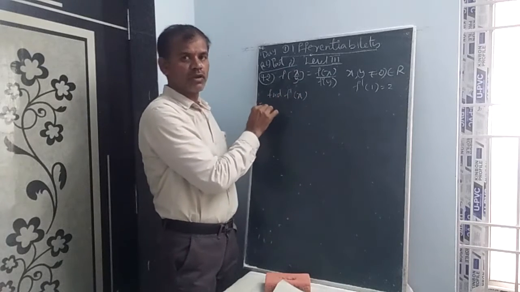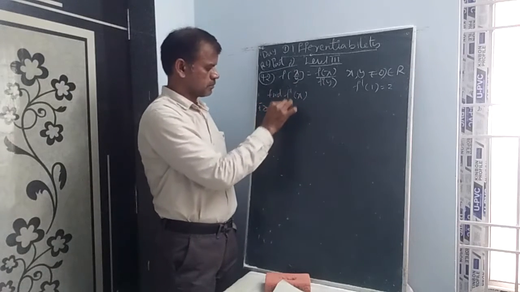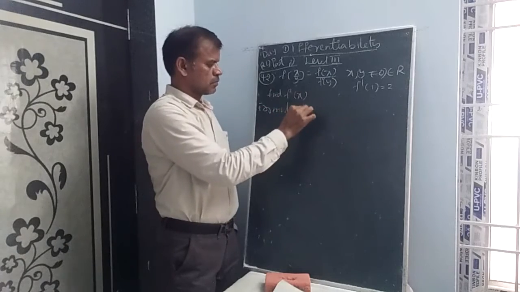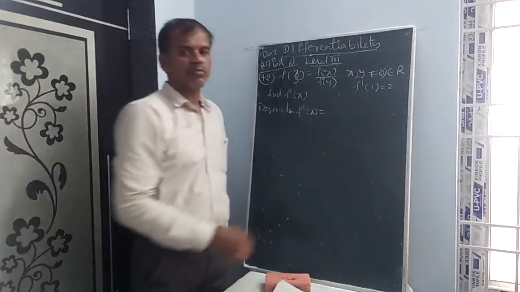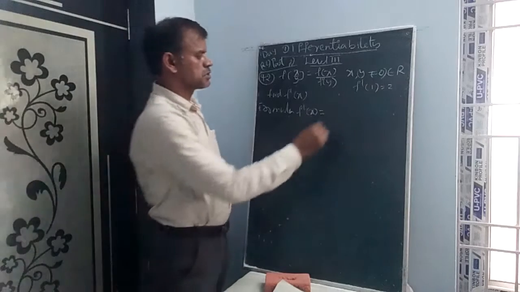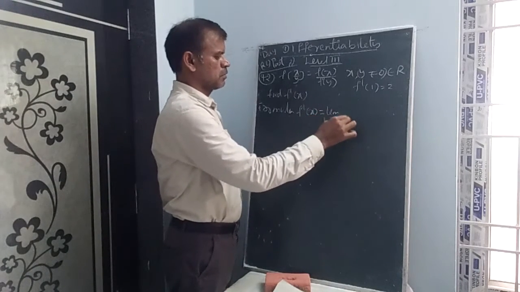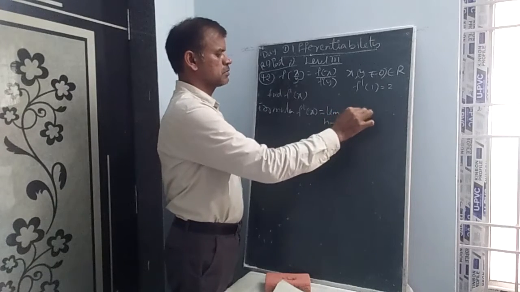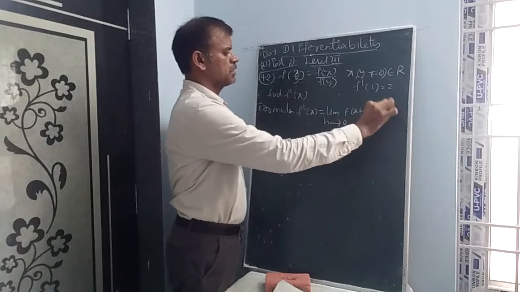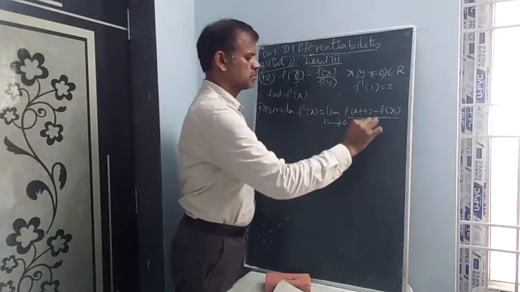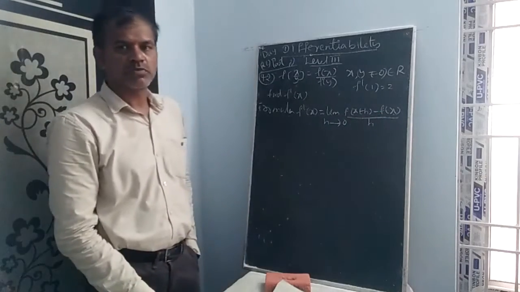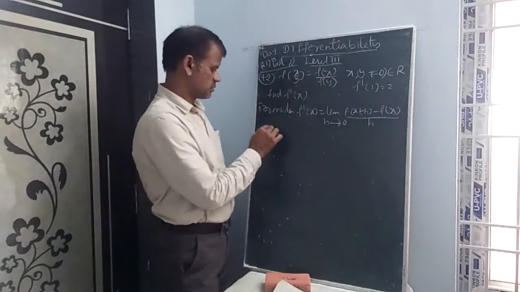Let us write the formula. f dash x equals limit h tends to 0 of f of x plus h minus f of x, whole by h.